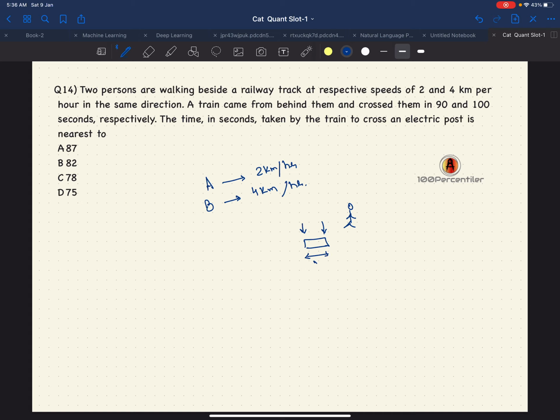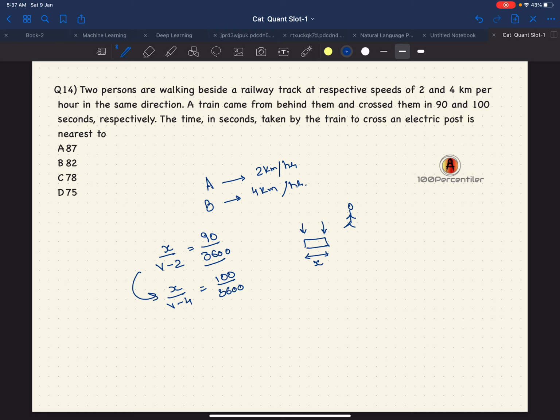So if the length of the train is x, then we know here that x upon (speed of the train minus the speed of the person) has to be equal to the total time taken to cross, which is 90 upon 3600. We divide by 3600 because we are taking everything in hours here, and the time here is given in seconds. Similarly, for the second person, x upon (v minus 4) becomes 100 upon 3600.